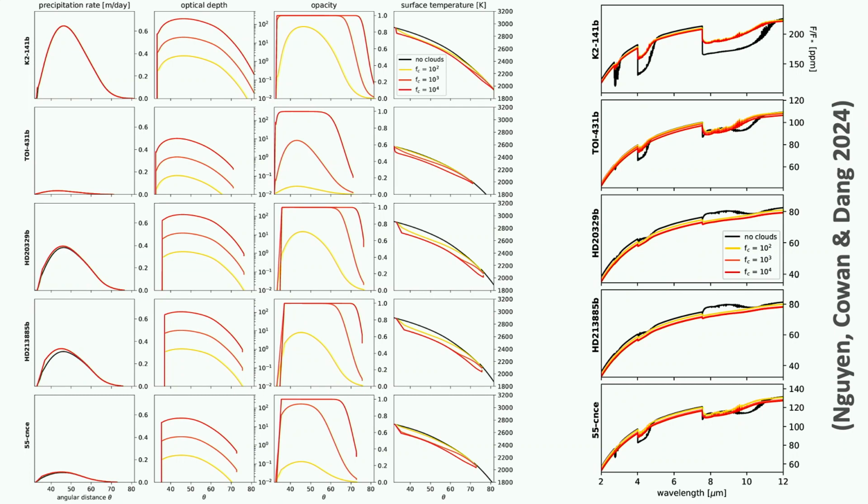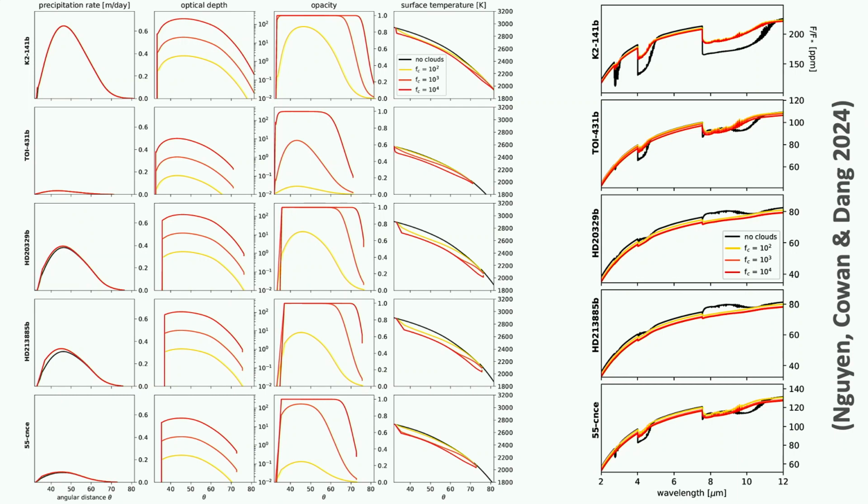In this case, as your parcel of gas is moving along towards the night side, which I guess is this way on all the diagrams I've shown you, the pressure is dropping by orders of magnitude. So the change in pressure is more important than the change in temperature in terms of where you cross the condensation curve. But it all is self-consistently accounted for in the simulation.